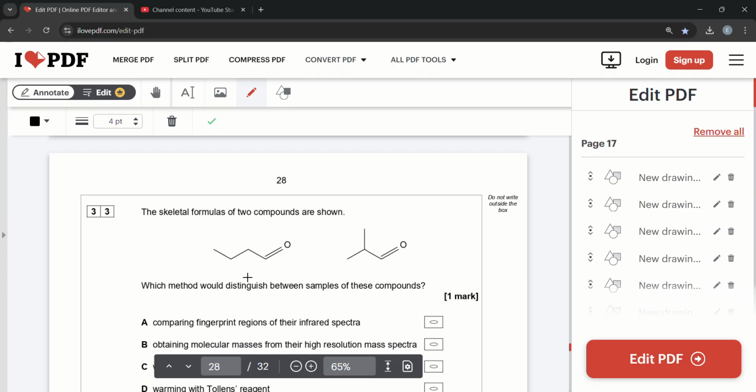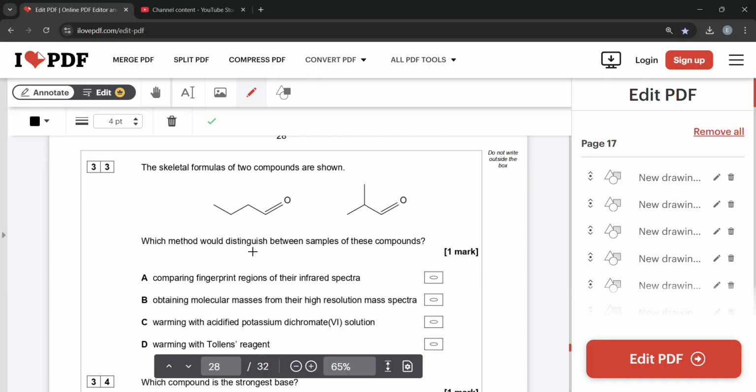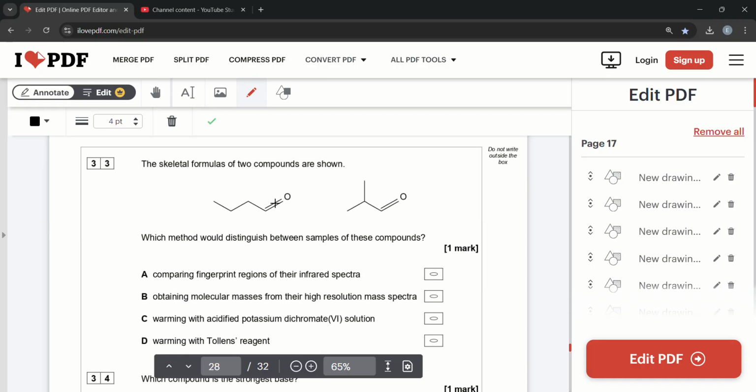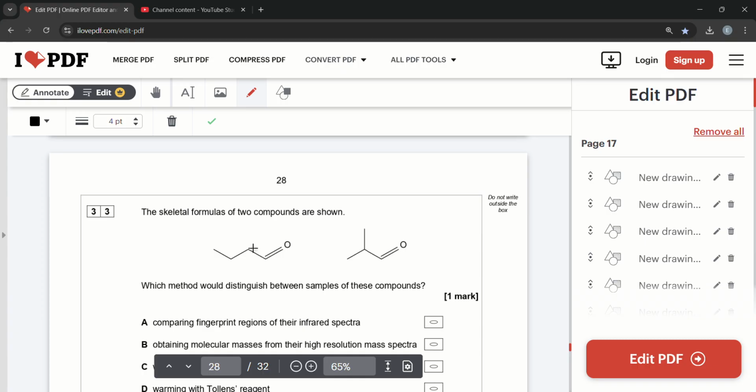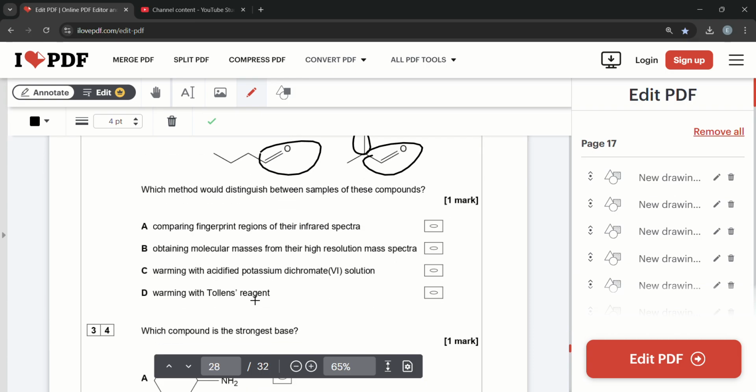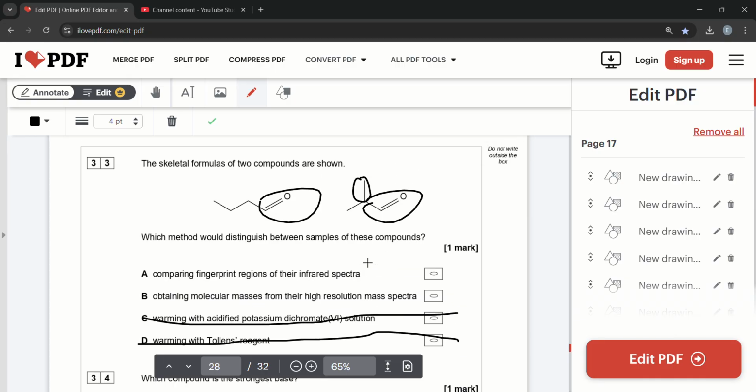33. The skeletal form of two compounds are shown. Which method will distinguish between samples of these compounds? Well, what are these both? These are both aldehydes, right? They're both the same. In this case, you've got a methyl group, but they both have the same part. So we can't use Tollens reagent because we'll get the same result. Same with acidified potassium dichromate solution. And obtaining molecular masses from the high resolution mass spectra, would that work?